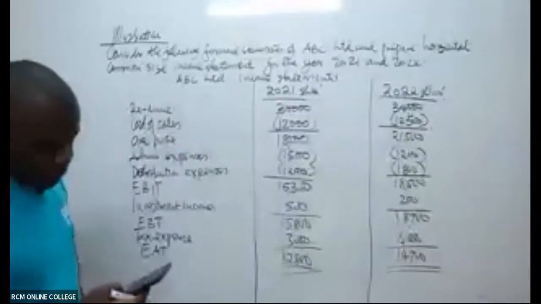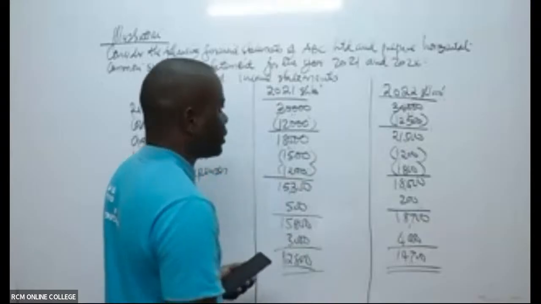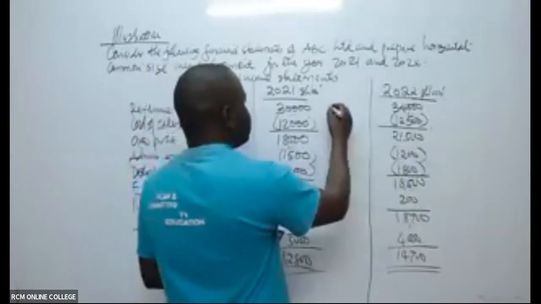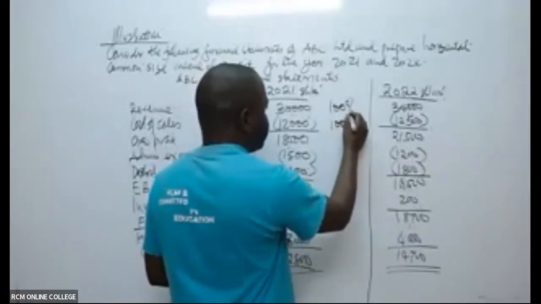Here, you can draw another statement, and of course, make all of the base year items 100%.